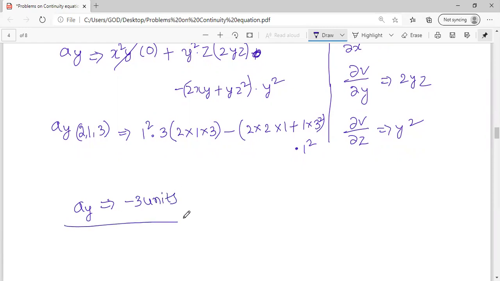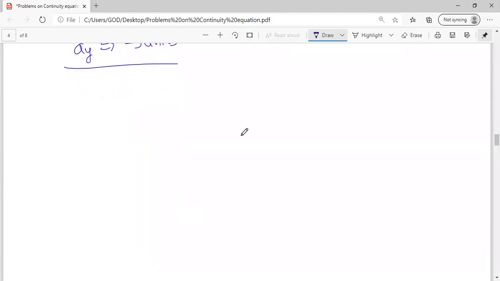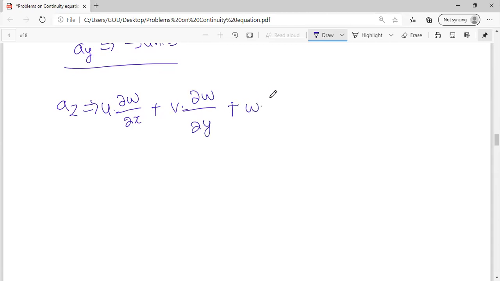Now I need acceleration along z. So for that I am writing the equation. We know acceleration along z can be written as u ∂w/∂x plus v ∂w/∂y plus w ∂w/∂z.